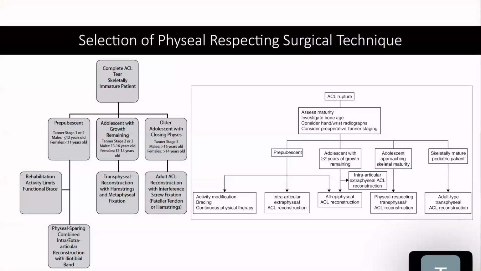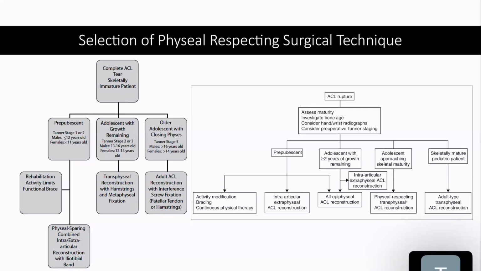So for patients who still have a significant amount of growth remaining, like a Tanner stage 1 to 2, bone age 12 or less in boys, 11 or less in girls, one can still consider non-op treatment if it's in an appropriate patient, but for most, you would consider using a physeal sparing technique with either the IT band combined extra intra-articular technique or an all epiphyseal technique.